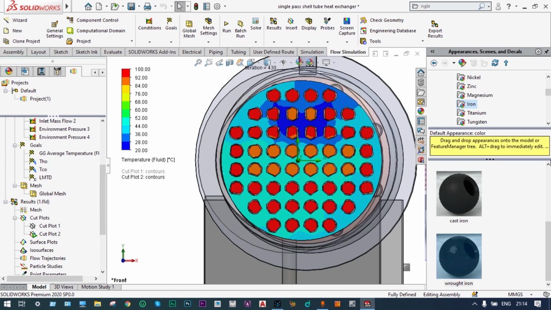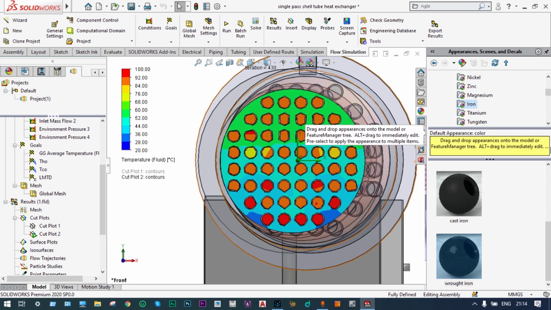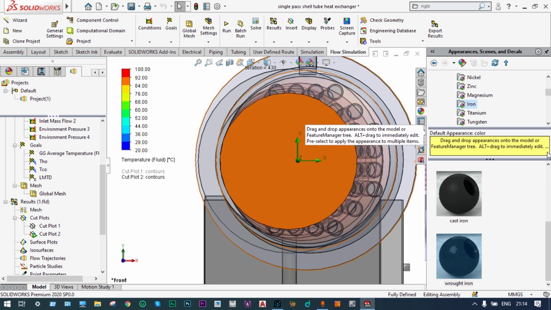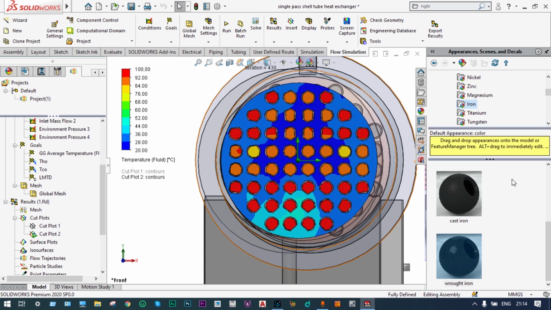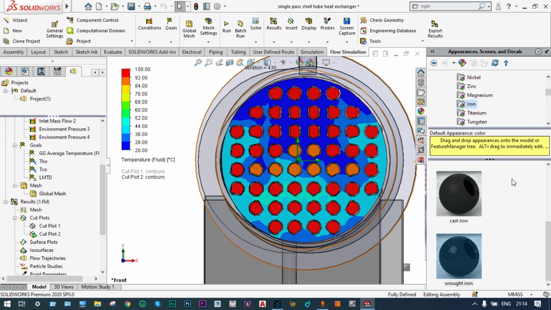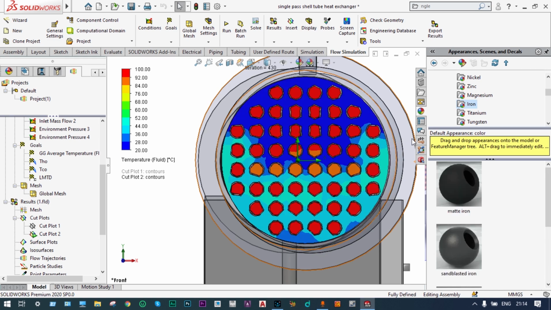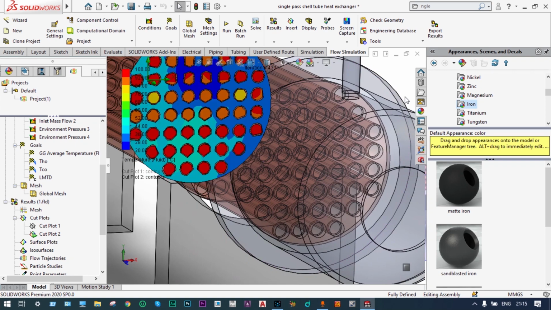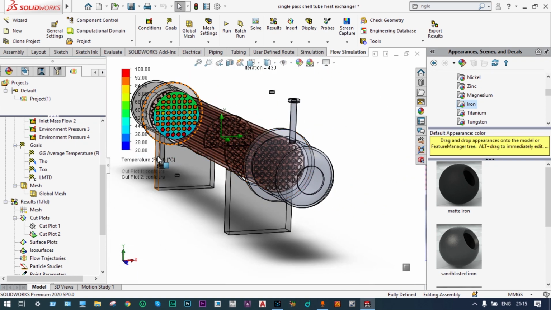This temperature is red, and we can see here through these pipes the temperature of hot water is changing. Even at the initial and exit point temperature is almost constant, but throughout these pipes, because of cooling, temperature is changing, right? You can see this way.